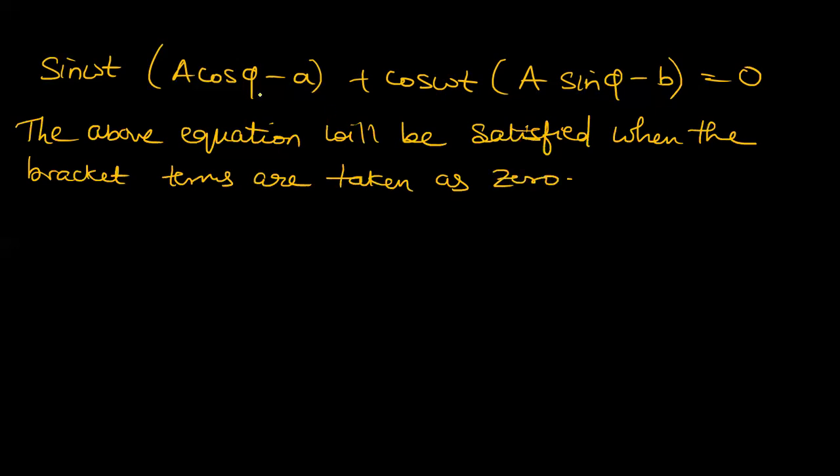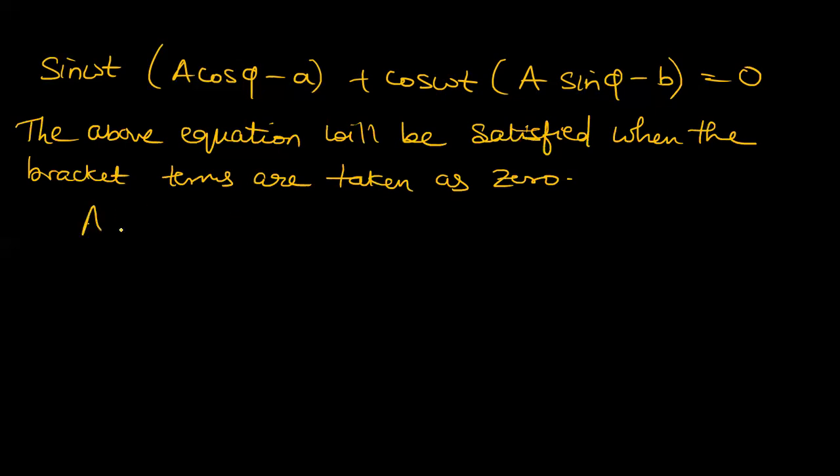So let us put these bracket terms as 0. If I put the bracket terms 0, then 0 into sine omega t is 0, 0 into cos omega t is 0, and 0 plus 0 is equal to 0. That means LHS and RHS are satisfied.